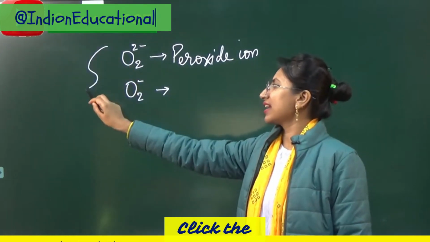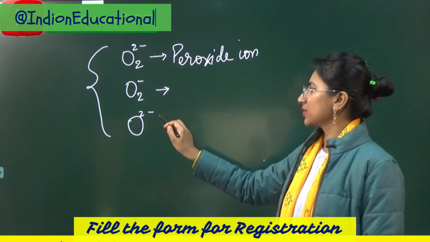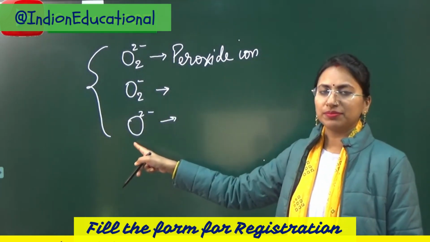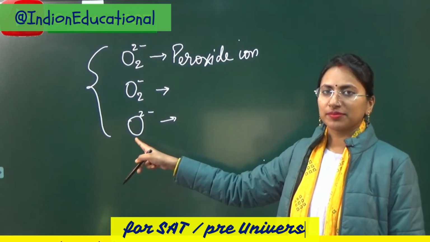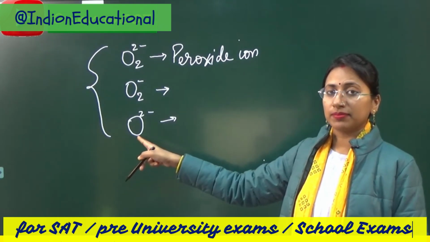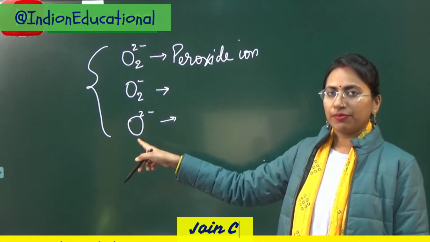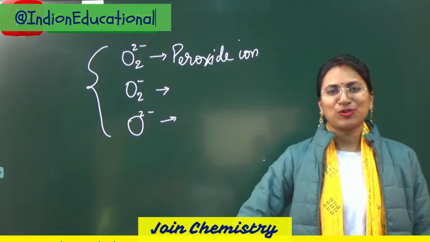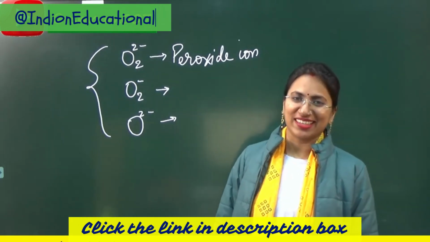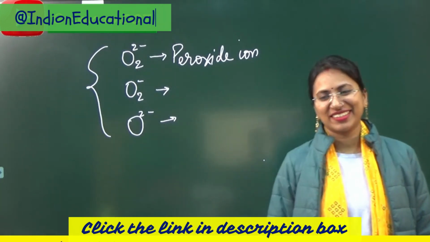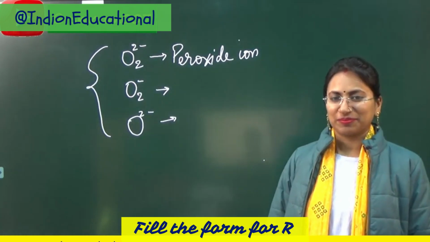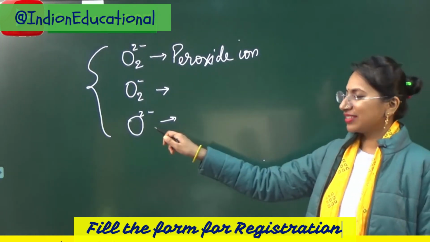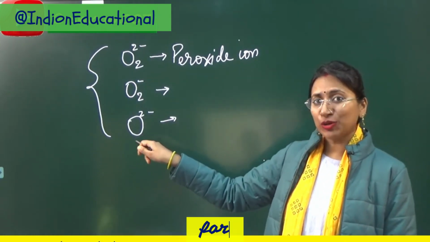See, oxygen has 3 types of ions. What is the name of this one, O2? What is its name? You can take help of your notebook. Today also you have written the name of this ion. It is already written in your notebook.